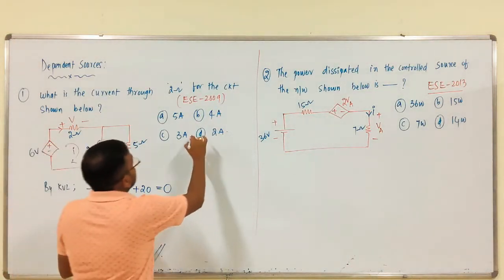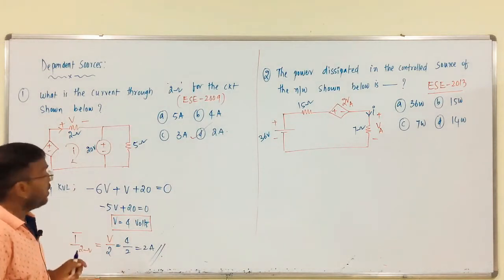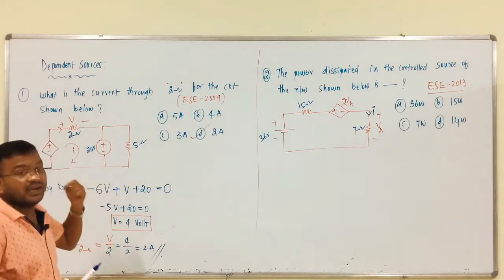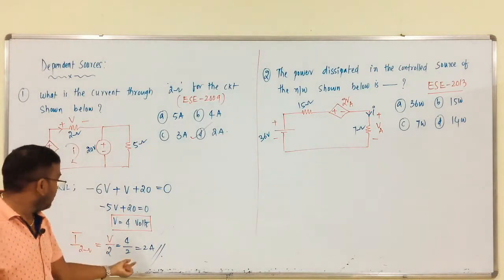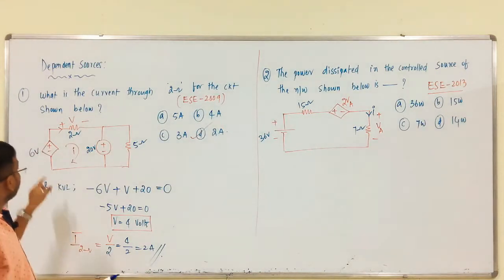The option is D. So, for dependent sources, you have to take care while calculating the respective values, and you have to follow this procedure. Then what is the value of this dependent source?